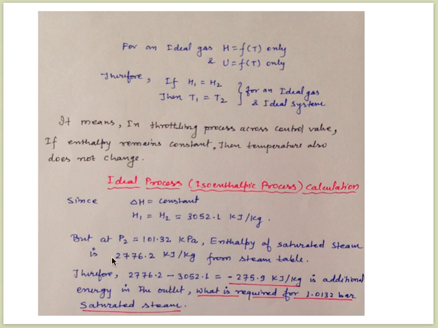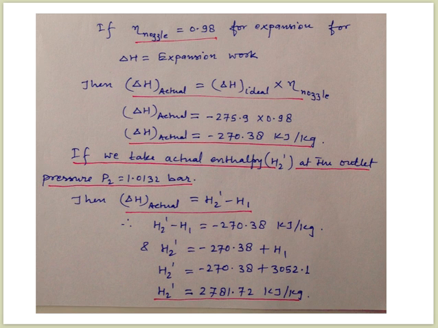Delta H ideal is this H2 minus this H1. Now you understand what delta H ideal is and how this figure comes. If you multiply with the nozzle efficiency, this becomes the actual, which will be lower than ideal.